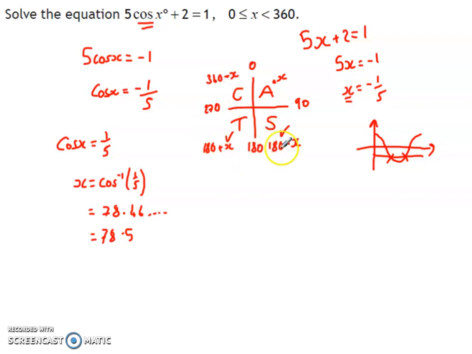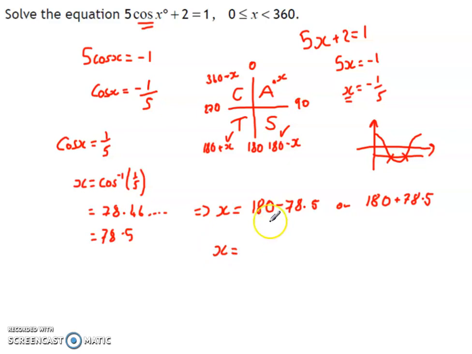I want these two solutions, so what I can then do is say, therefore, x equals 180 minus the x, so 180 take away the 78.5, or 180 plus that 78.5, because that will then give me the second solution that I'm after. And then it's just a case of calculating it.